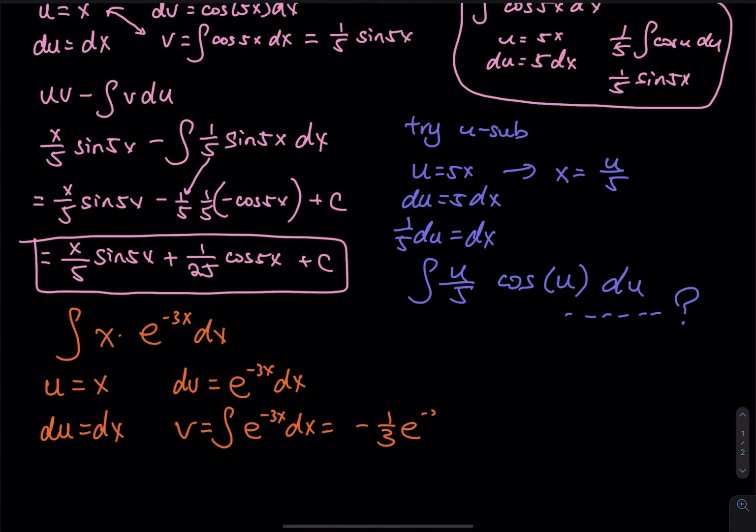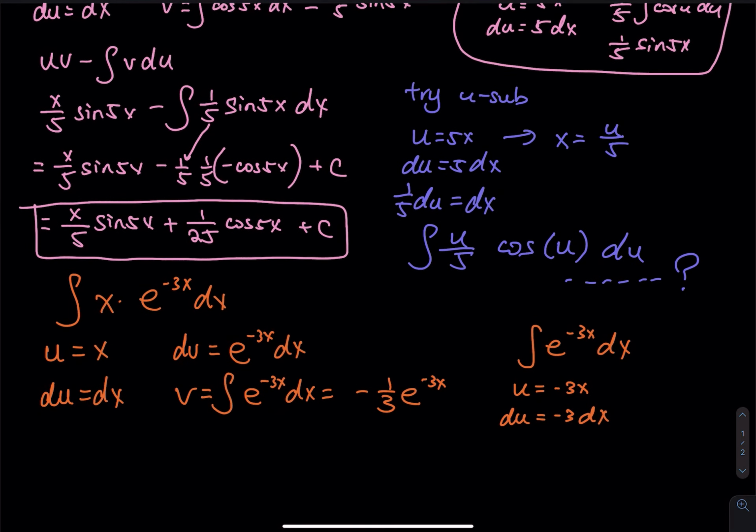to the negative 3x. I expect you to be able to do this in one step. Like I said, this is a mini u substitution. You have the integral of e to the negative 3x dx. Back to the u substitution section, we let u equal negative 3x, and then du equals negative 3 dx, and then we have negative 1/3 times the integral of e to the u du.